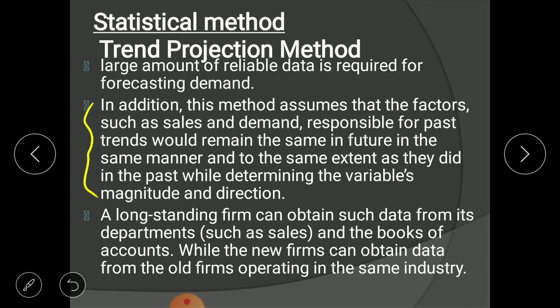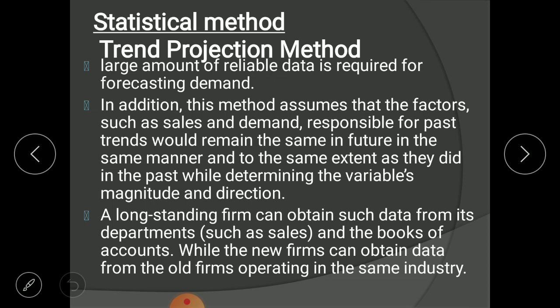Then thirdly, it is written here, a long-standing firm can obtain such data from its departments such as sales and the books of accounts, while a new firm can obtain data from the old firms operating in the same industry. If you have existed in a market for a longer period of time, then definitely you have a past. So from your past experience you can predict your future.